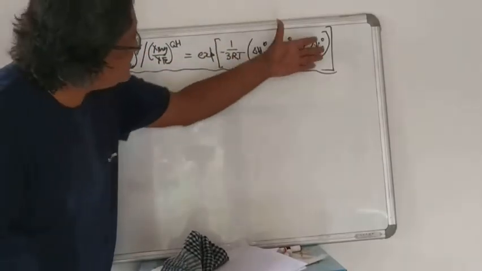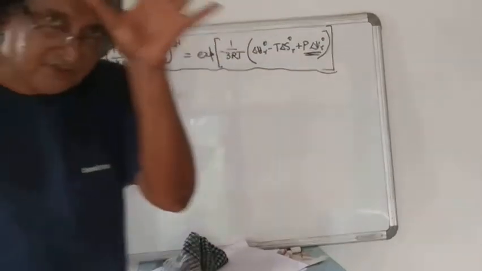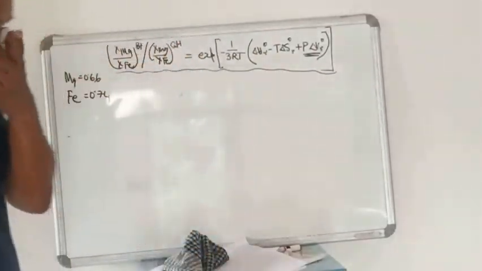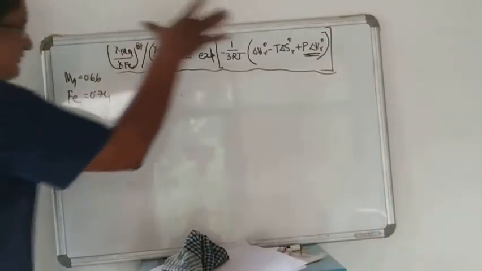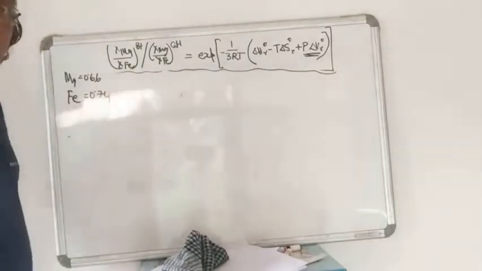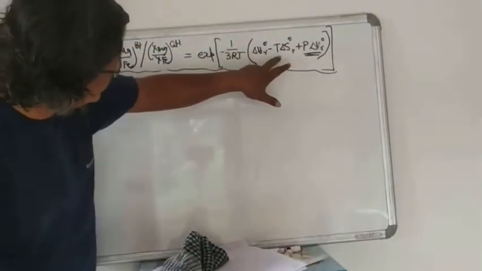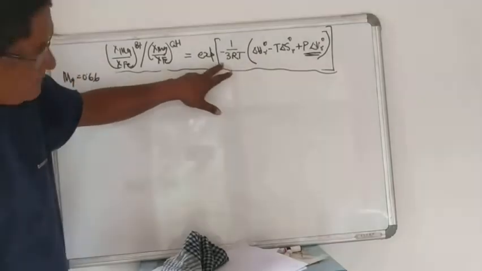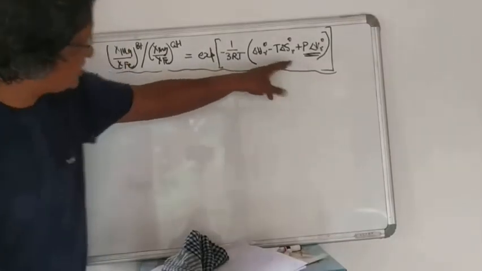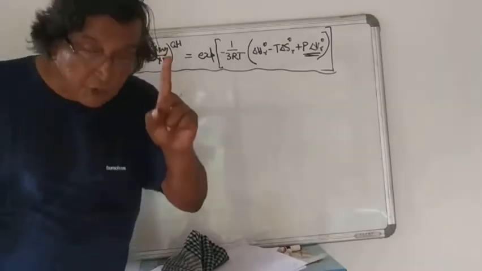So this term on the right hand side is a constant. This means if this is constant, then this ratio is constant. This ratio, at a particular pressure and temperature, mind the word, ratio, is constant.